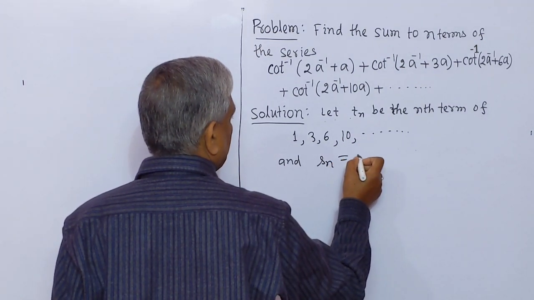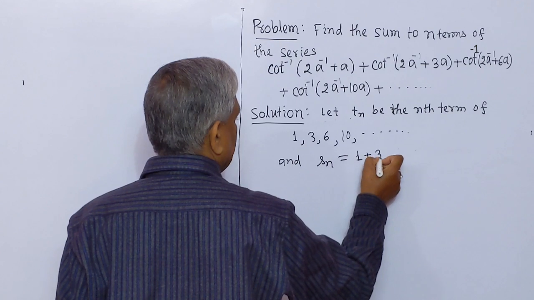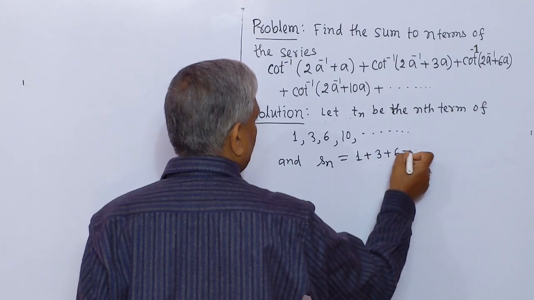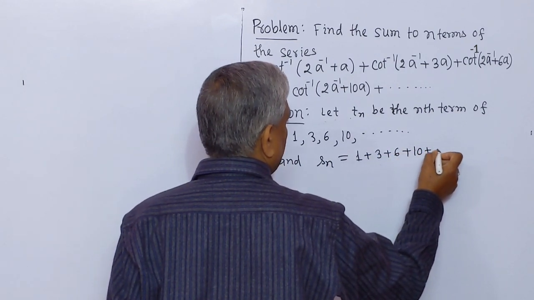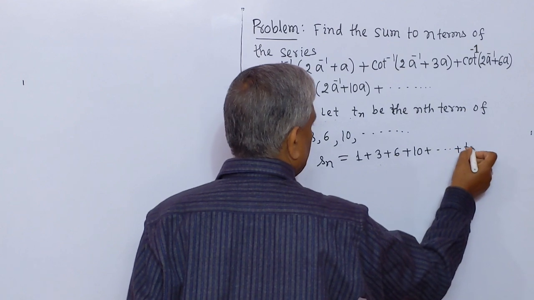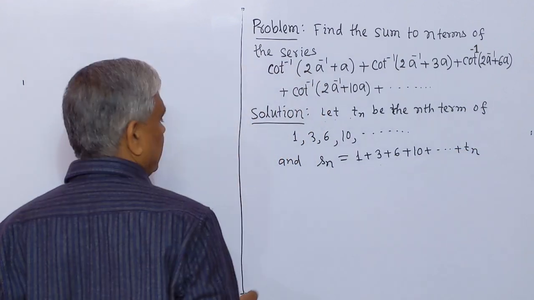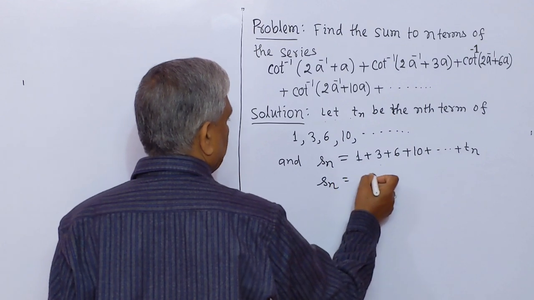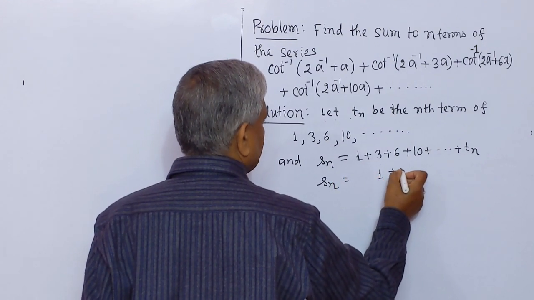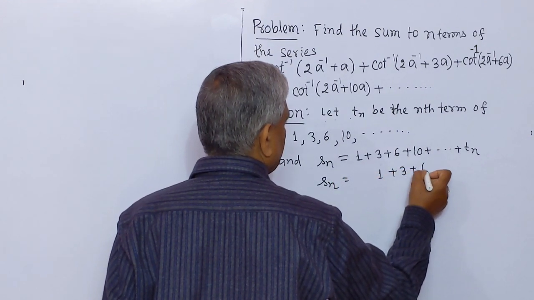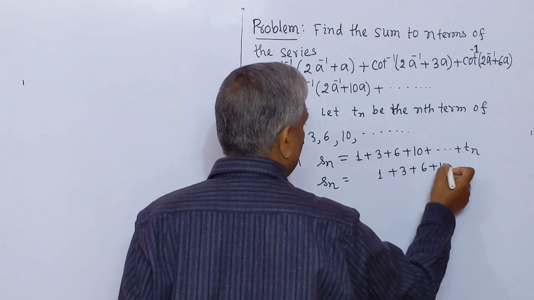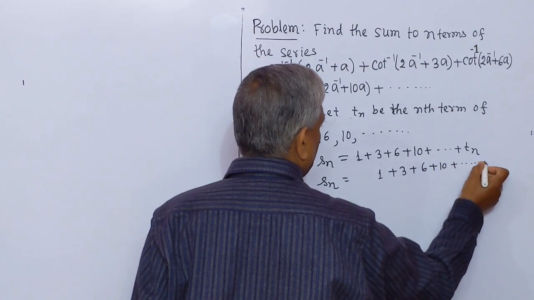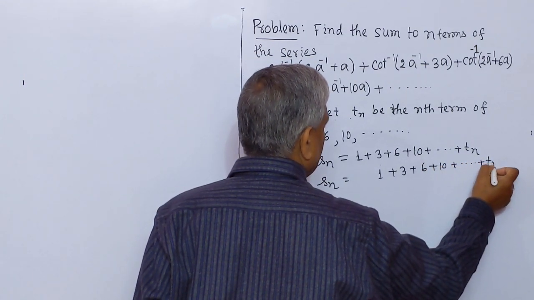Sn equal to 1 plus 3 plus 6 plus 10 plus dot plus Tn. Again we write Sn equal to 1 plus 3 plus 6 plus 10 plus dot plus Tn.